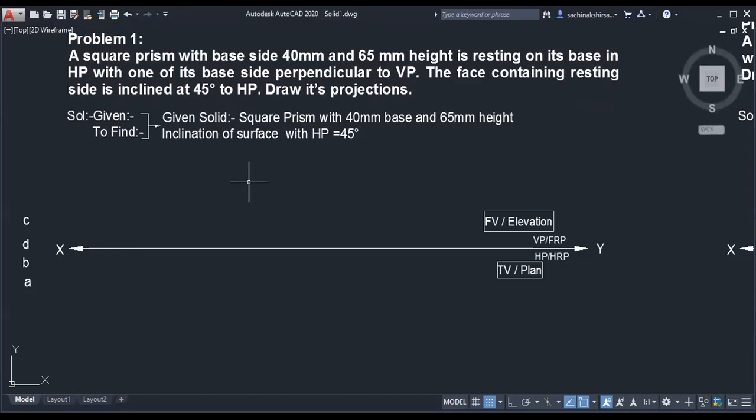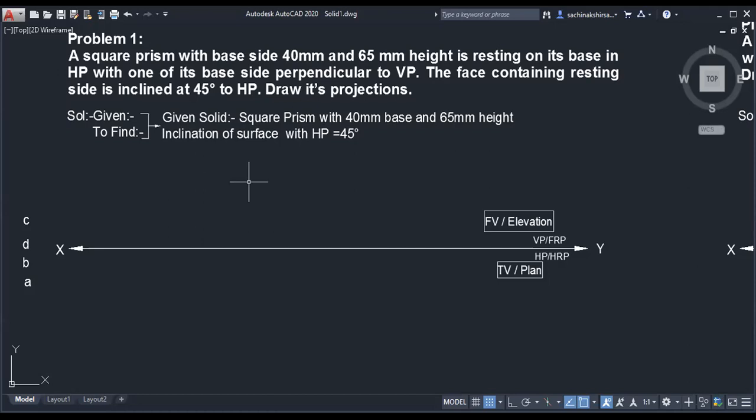VP. One of its base sides perpendicular to VP. In case of plane, whatever that side was, where were we drawing that side, towards left or towards right? Towards left. In case of plane, we were drawing the resting side of the plane towards left, but here exactly the opposite thing we have to do. Remember this, the most important change in this chapter. In case of plane, that resting side or resting corner we were drawing towards left.